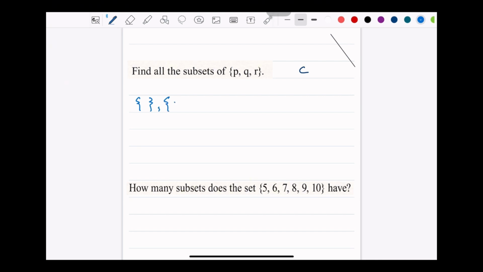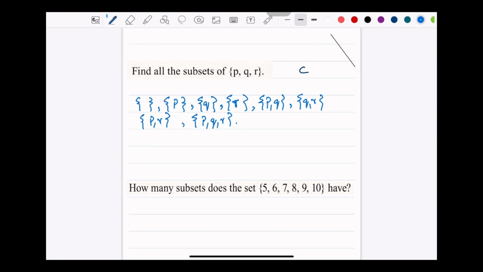Second, I'm writing down all the possible subsets: P, Q, R, PQ, and so on. Now these are all the possible subsets.